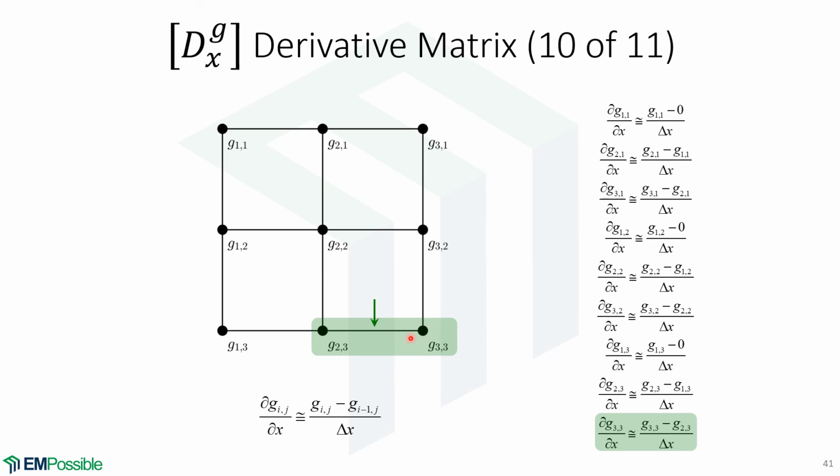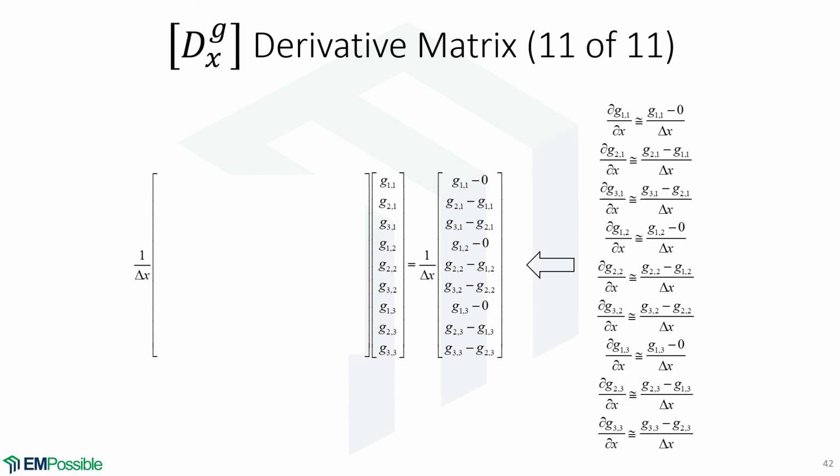It will be G33 minus G23 divided by delta x. So we went one at a time through all 9 points on the grid and wrote 9 finite difference approximations.